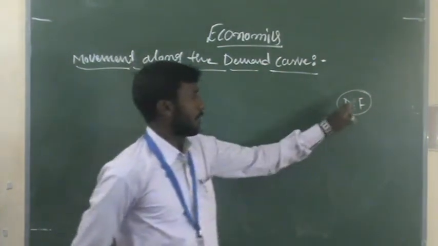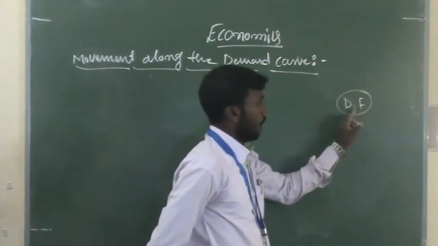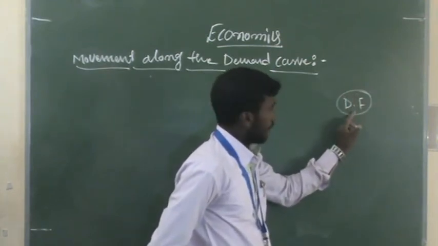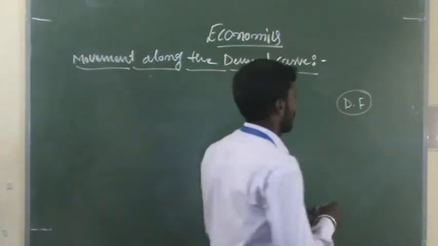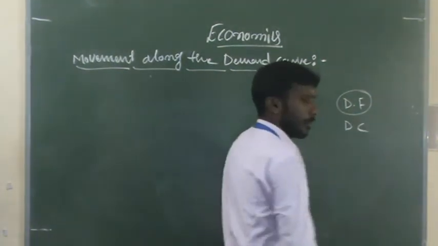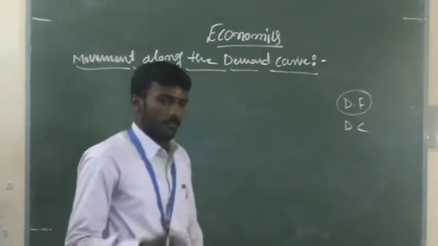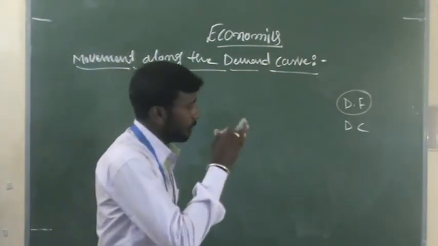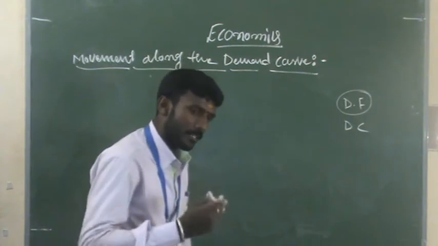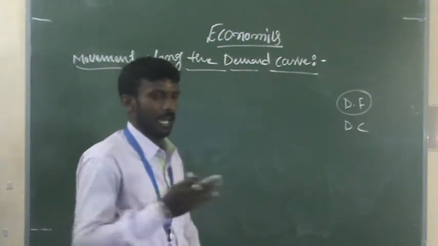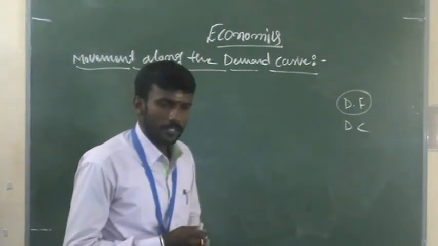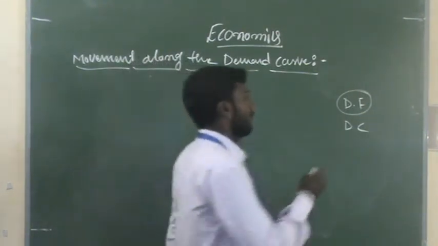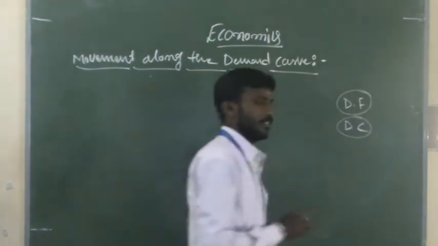When the demand function is represented in a graph, we will get DC, that means demand curve.